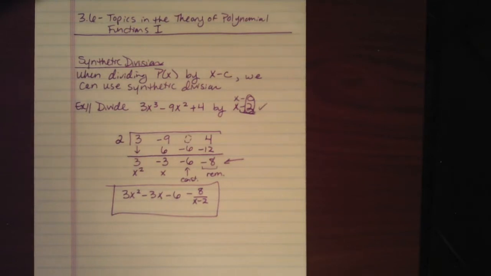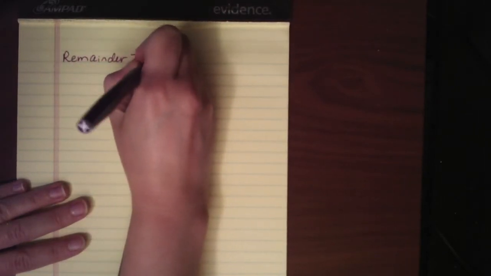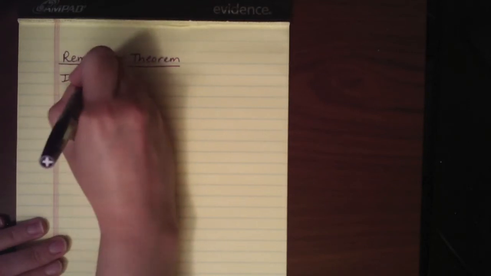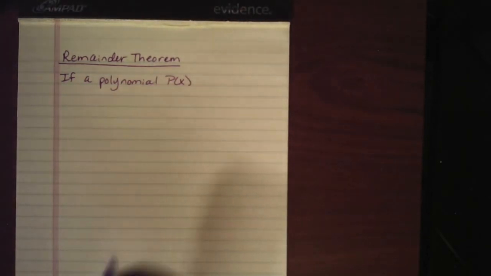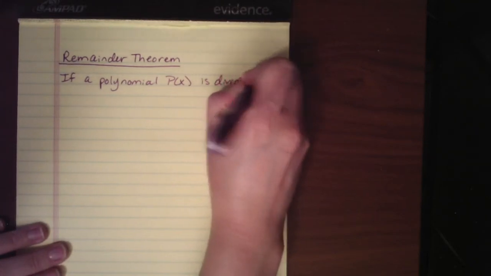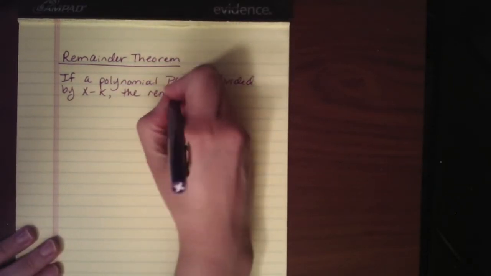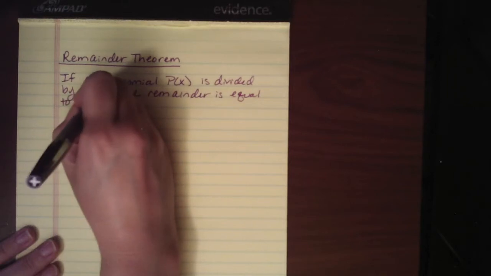Let's take a look at the remainder theorem. What the remainder theorem says is that if a polynomial p of x is divided by x minus k, the remainder is equal to p of k.